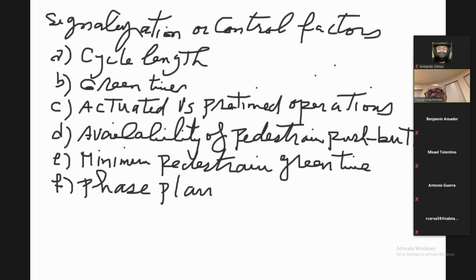What is the cycle length? The cycle length is the total number of seconds of the green time, yellow time, and red time at the intersection.